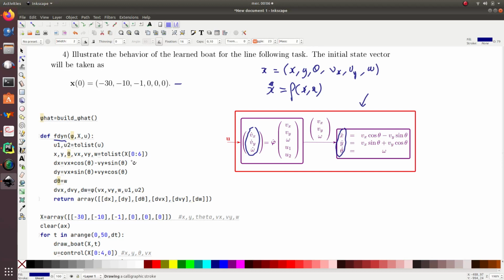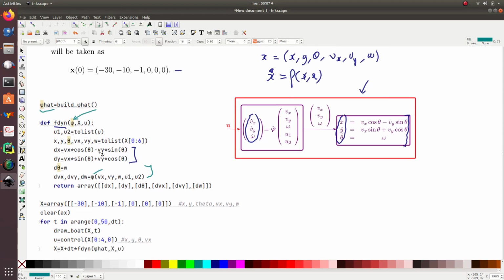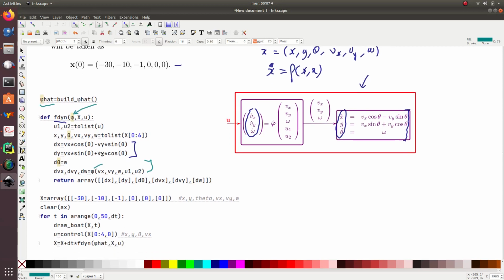So here this corresponds to this, and this corresponds to the function phi that is given as an input of f dynamic. Of course, for phi I will put phi hat that has been built previously. So for the simulation, I will have a for loop. I will draw the boat and use the controller.